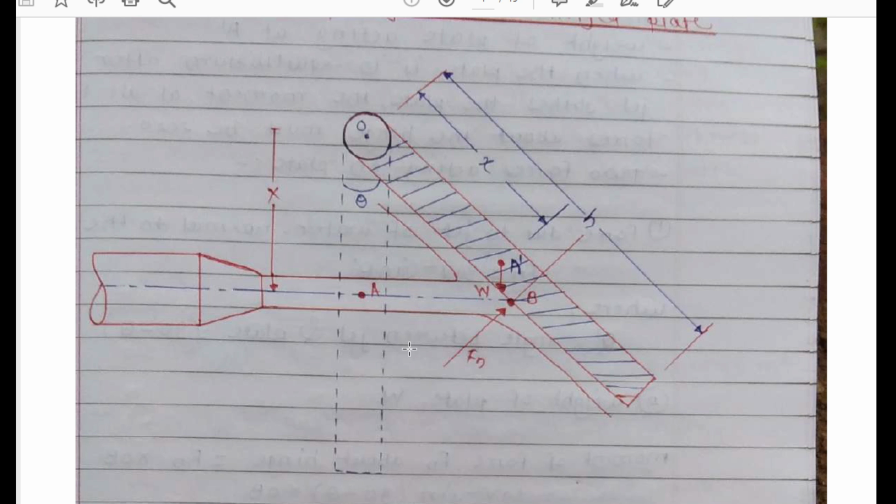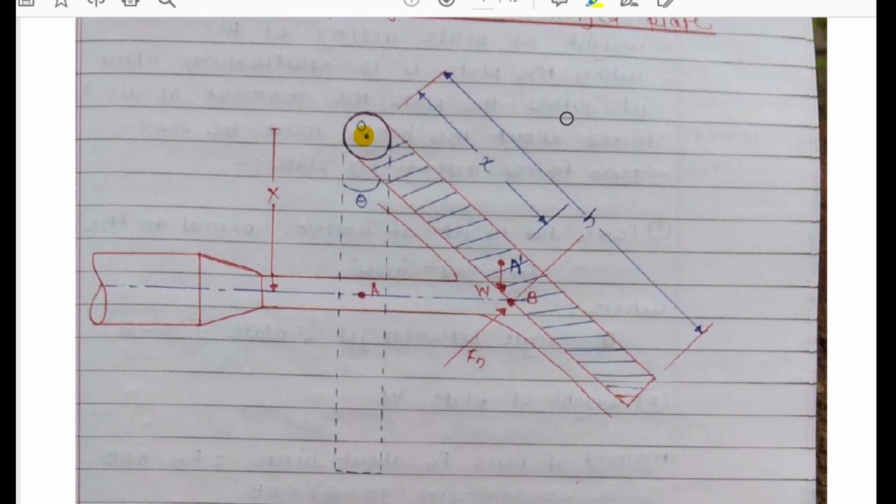Now take the moments of these forces, that is W and Fn perpendicular, about the O. This is your hinge. We have to calculate the moment about O of W and the moment of normal force Fn about O. From that we can get the angle of swing, that is the angle theta.